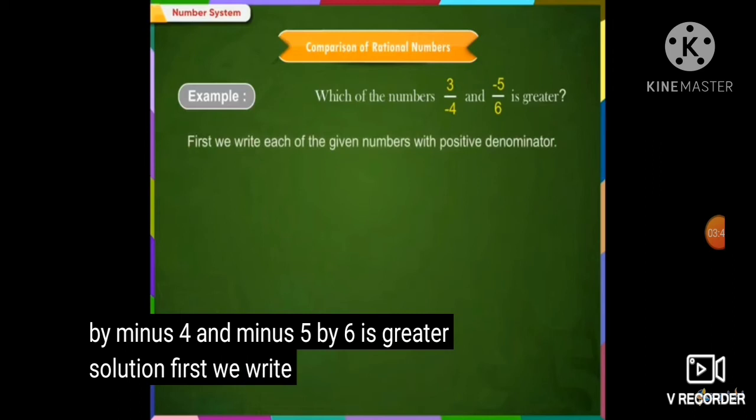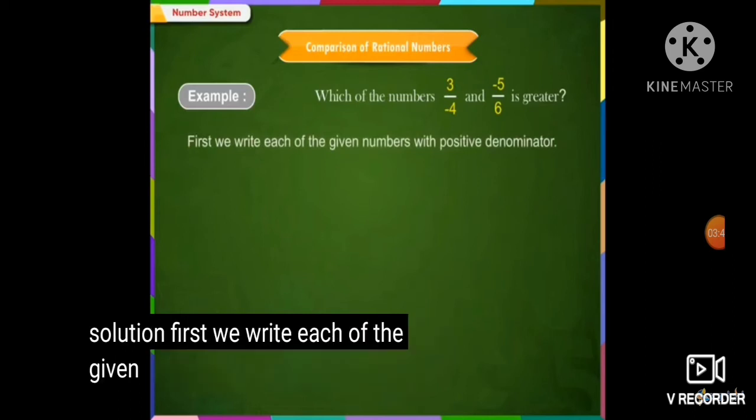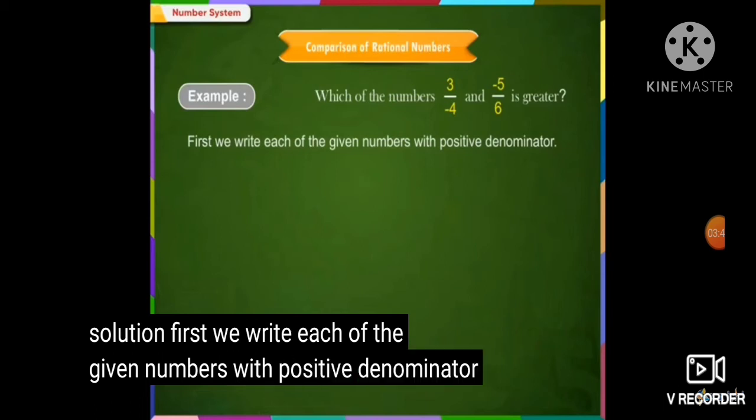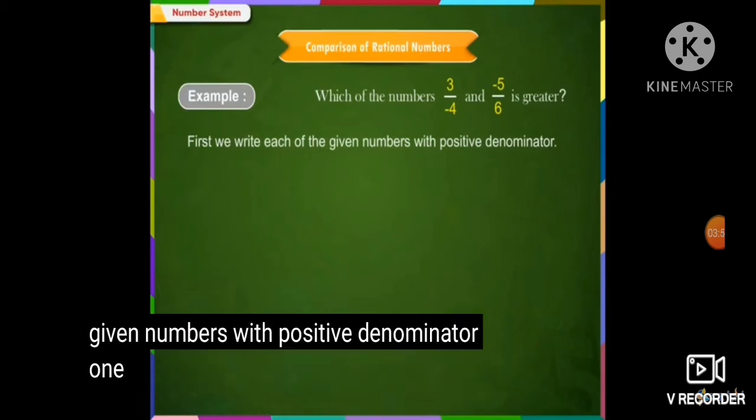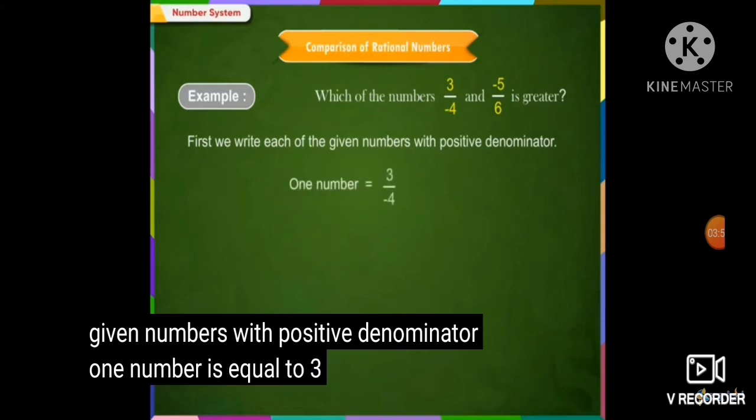First, we write each of the given numbers with a positive denominator. One number is 3 by minus 4.